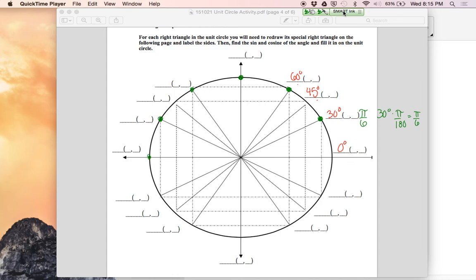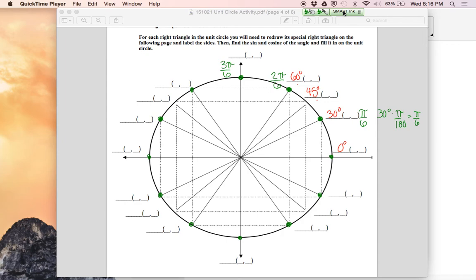And I'm going to color code around my unit circle like this to help me label. Now every time we add 30 degrees, we're adding pi over 6 radians. So pi over 6, add another pi over 6, we end up here at 2 pi over 6. We add another pi over 6 and you end up here at 3 pi over 6. And these are our radian measures for our angles.